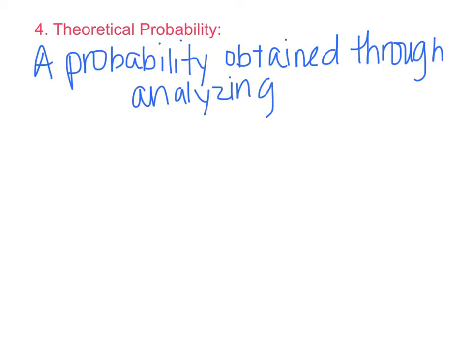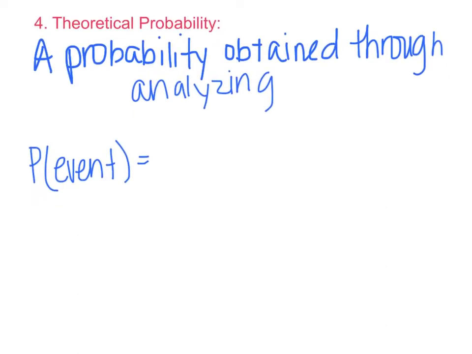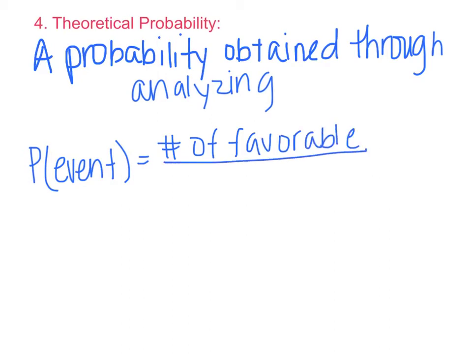So your formula is going to be P of an event, so the probability the event will happen, equals the number of favorable outcomes, and by favorable we mean what we're looking for, over the number of possible.